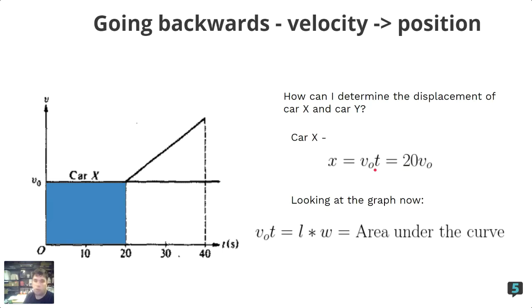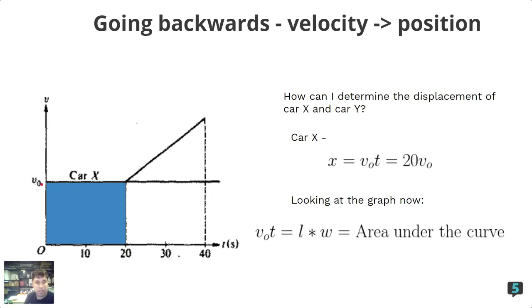Now, in this case, if we're looking at 20 seconds, it would just be 20 times the velocity we started at. But the cool thing here is if we go back to the graph, this rectangle from 20 over to 0 has the same area as our answer.